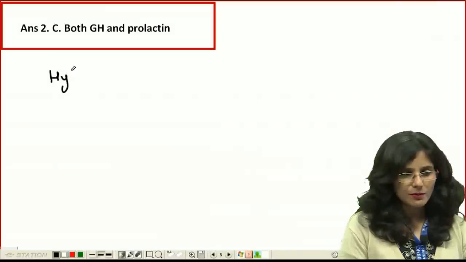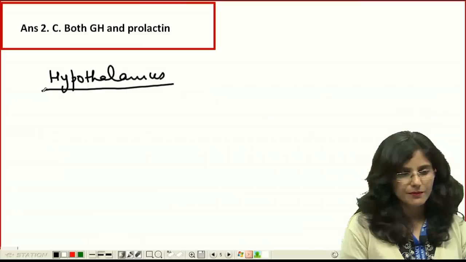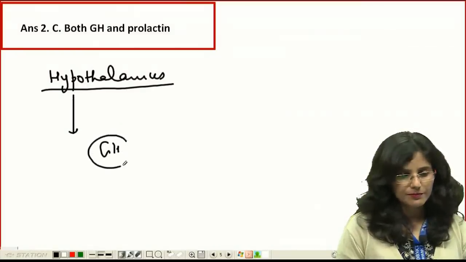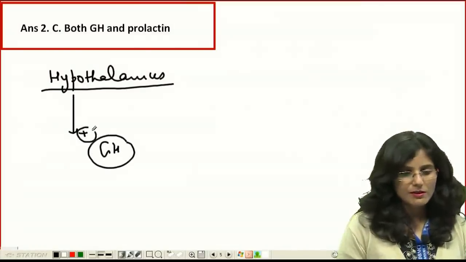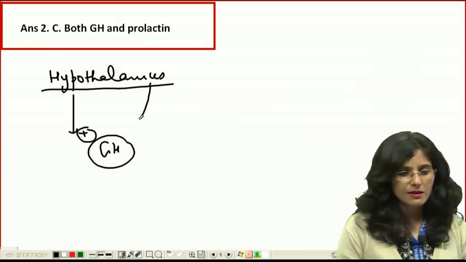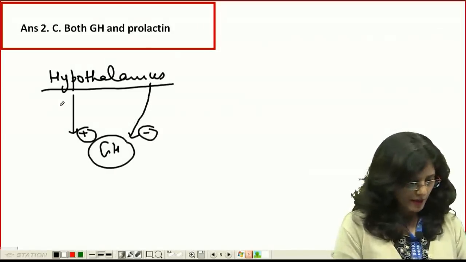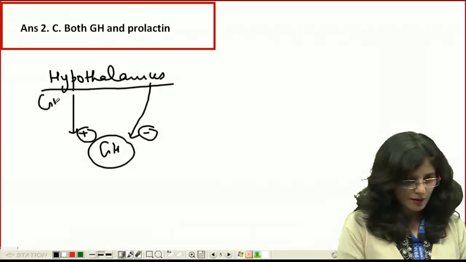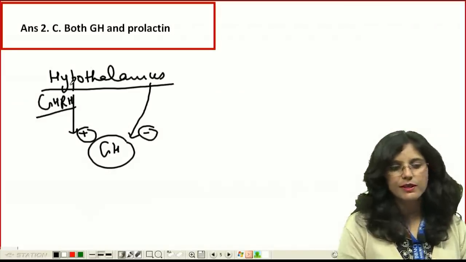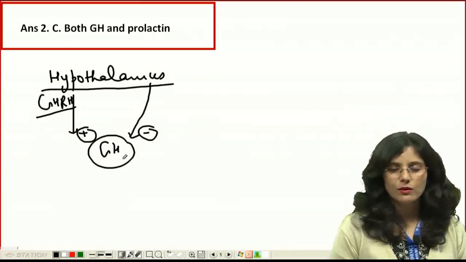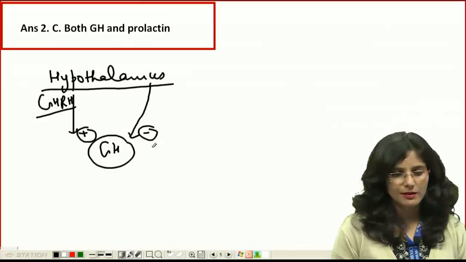From the hypothalamus, for growth hormone, one hormone is stimulating and another hormone is inhibiting the growth hormone secretion. The growth hormone releasing hormone is secreted from the hypothalamus, and it activates the growth hormone secretion from the pituitary. This is secreted from the pituitary.